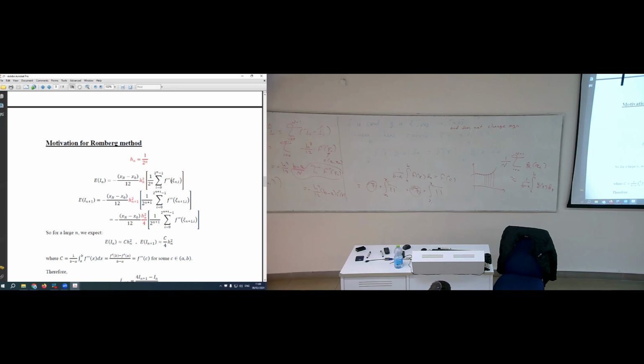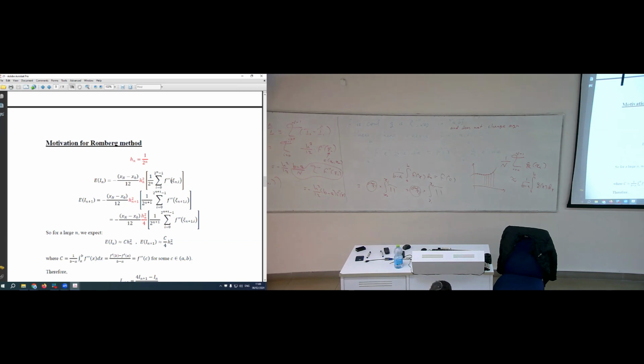Don't forget that Hn plus 1 is Hn over 2, so this will be Hn squared over 4. If I call this C plus a small correction, this is also C plus a small correction.